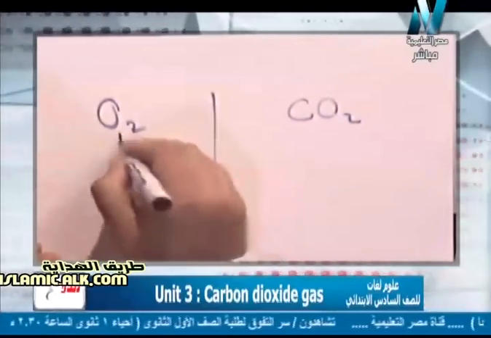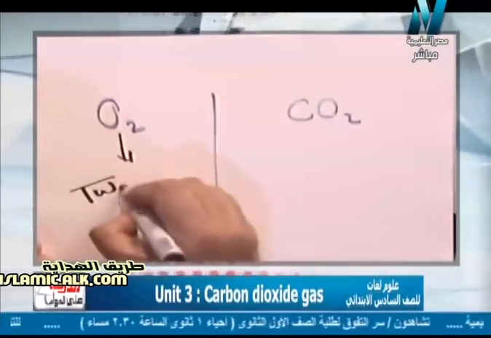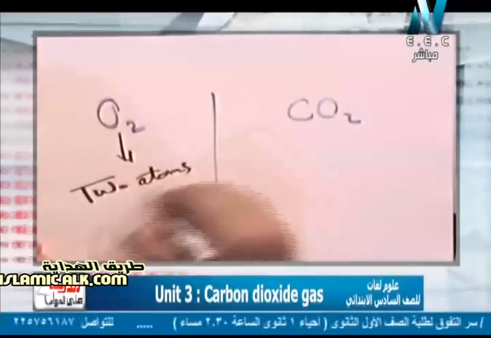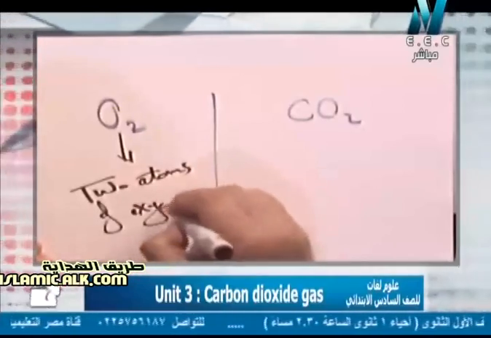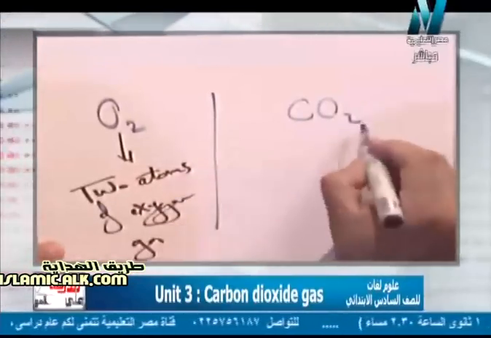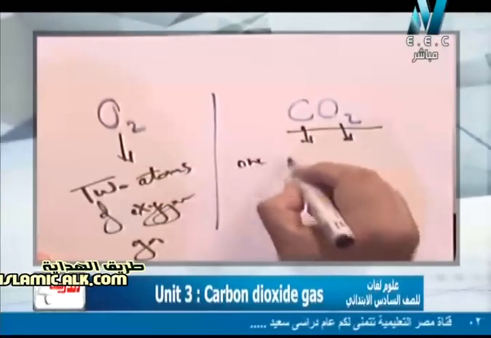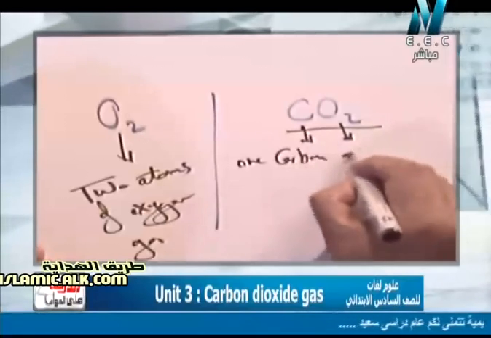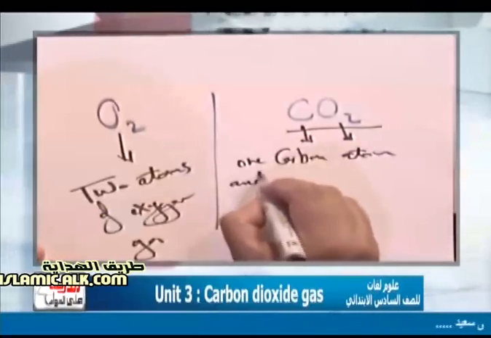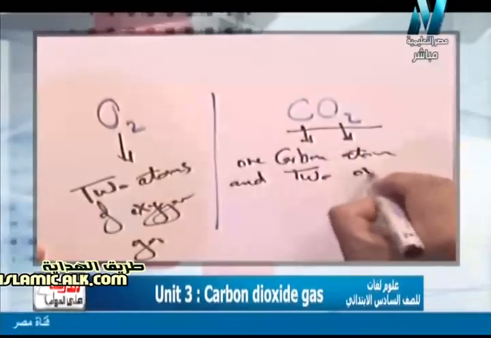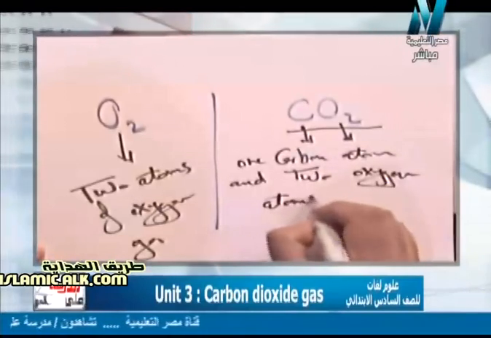So here I have two atoms of oxygen, but here I have three atoms. So here I have one carbon atom and two oxygen. So what's the difference between them?